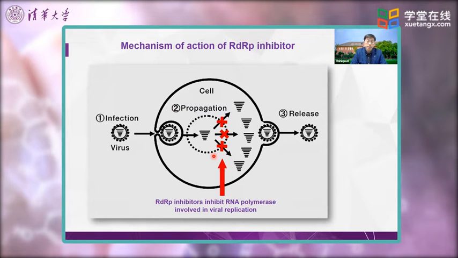Here we can see a general mechanism of action of how an RdRp inhibitor works. This red arrow shows the RdRp inhibitor will inhibit the RNA polymerase involved in viral replication. As a result, it will stop the synthesis and the virus propagation.